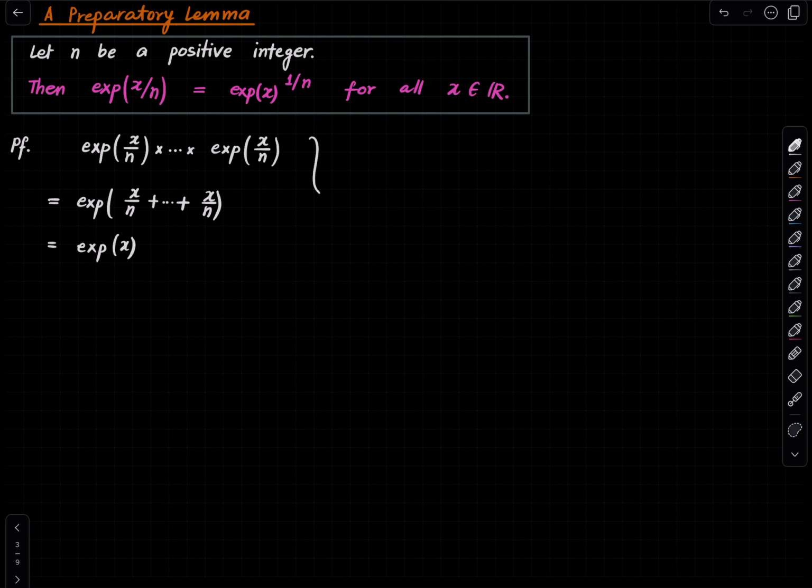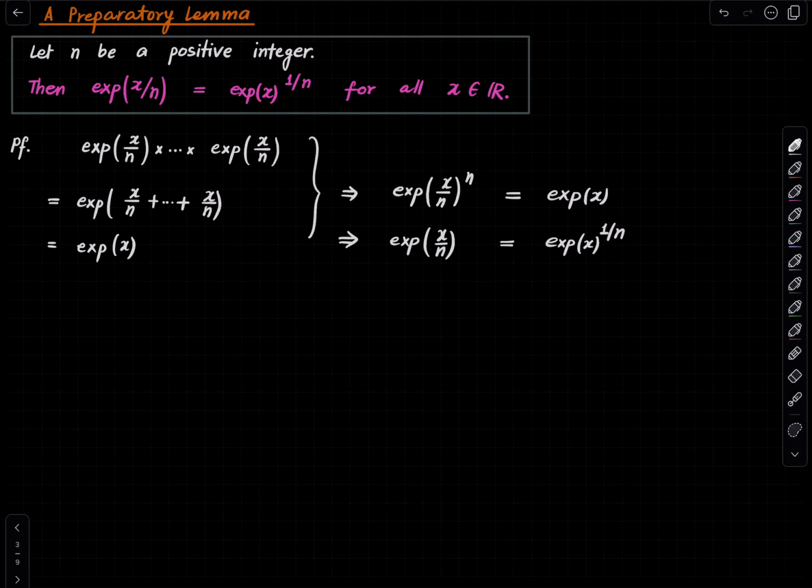So we see that the nth power of the exponential of x by n is the exponential of x. And since both of these numbers are positive, this implies that the exponential of x upon n is the nth root of the exponential of x.